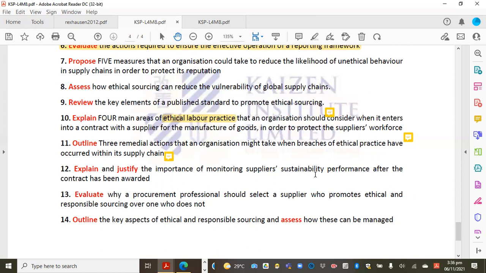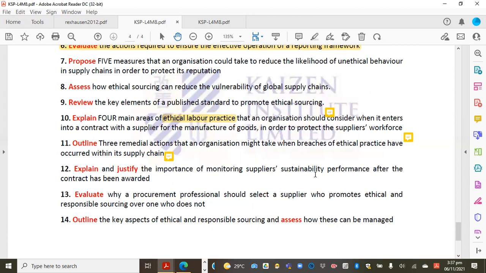Apart from avoiding risk, we can identify them easily and be able to manage them effectively. That is what monitoring is. You can use software to do the monitoring, like Cognitive Supply Chain, or 360 Supply Chain. So monitoring is very, very important.